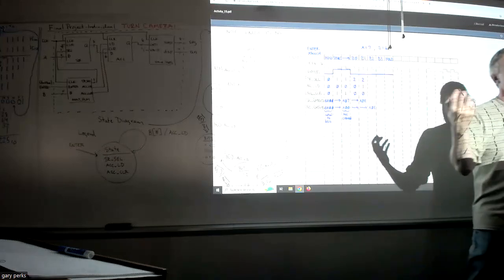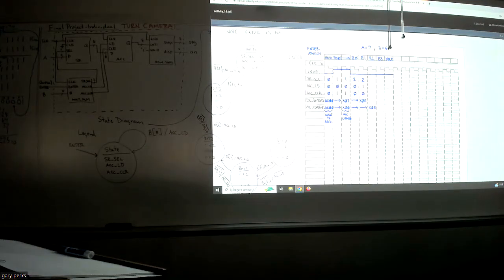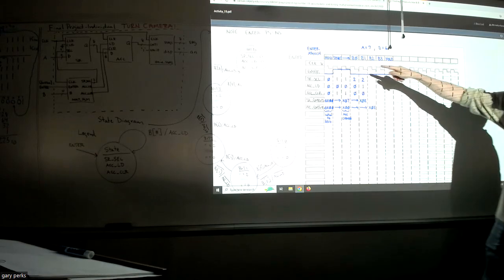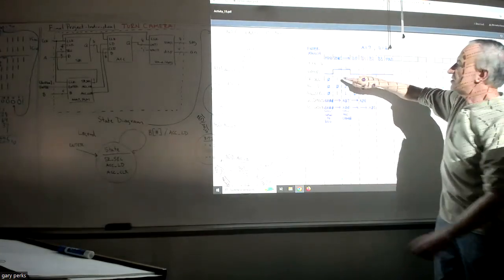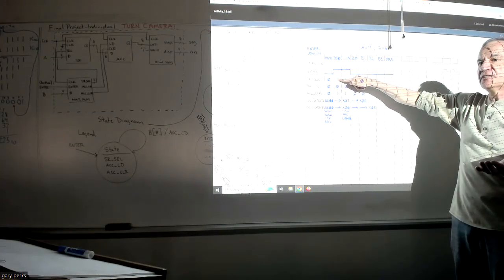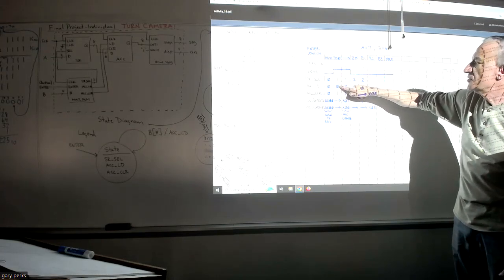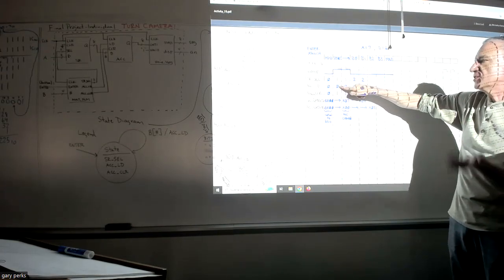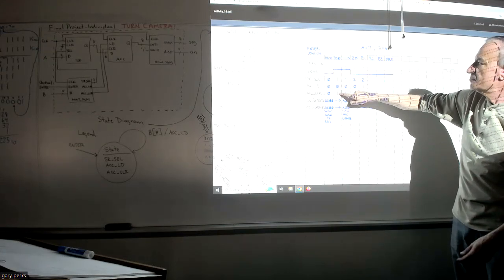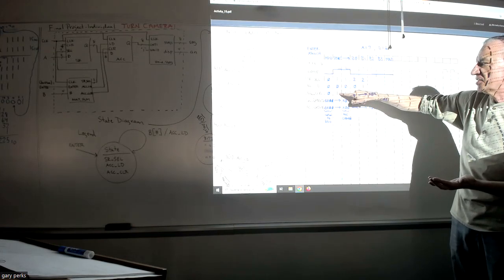Getting to the start state doesn't depend on the clock, but once you're in the start state, those inputs we have are synchronous. So in the start state, you can see that SR select becomes 1, which, like we said, is a load, right? And then accumulator load is a 0, meaning we're not going to load the accumulator. Accumulator clear is a 1, which means we're going to clear the accumulator.